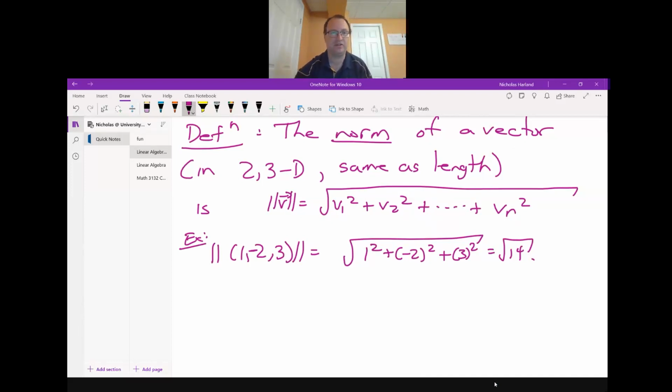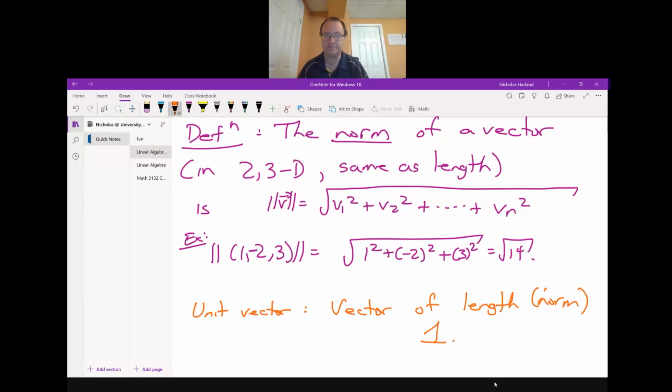There's also something called unit vectors. That's a vector of length 1. Or for higher dimensions, the norm is going to be equal to 1.